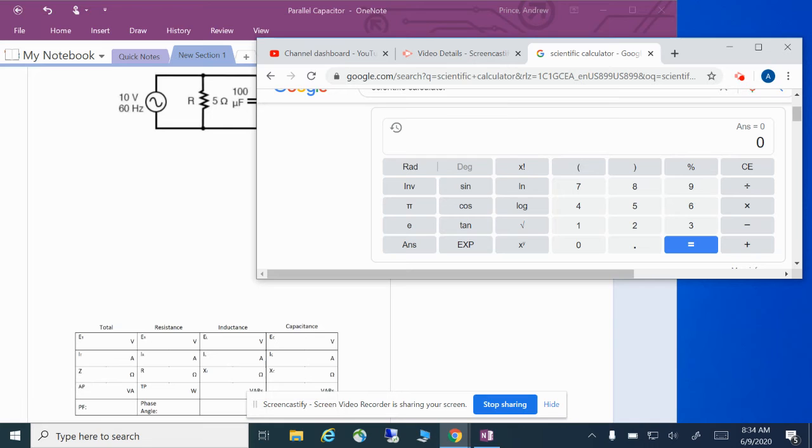And then I'm going to put it in here, making sure to maintain my parentheses so I don't lose any of my information or my order of operations.